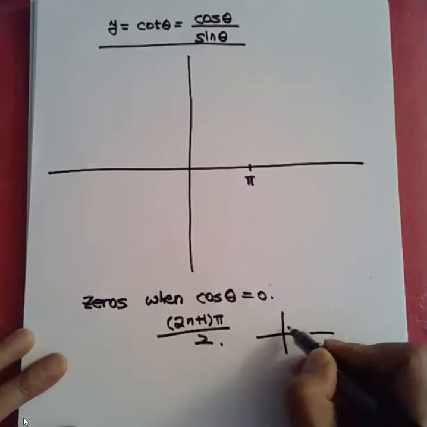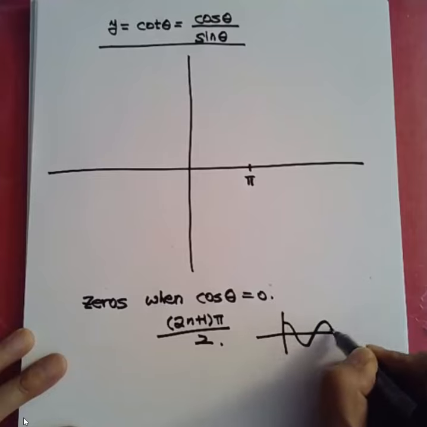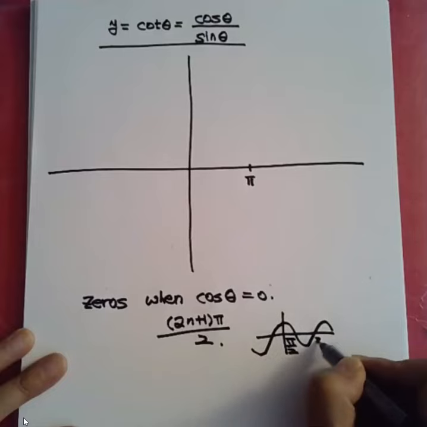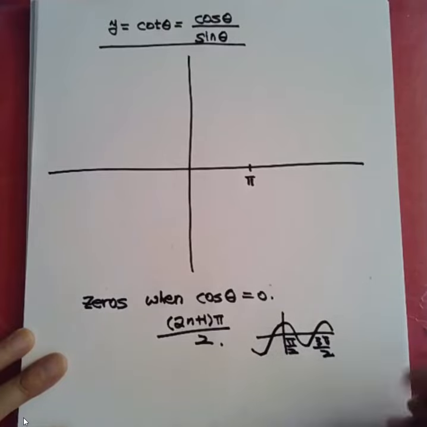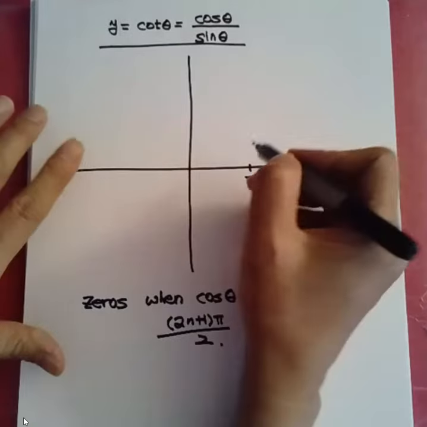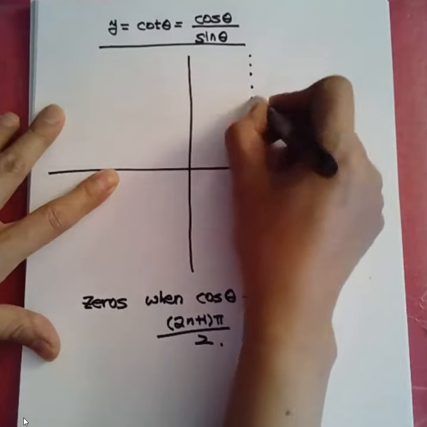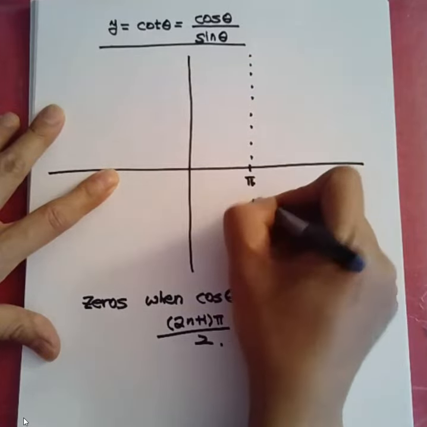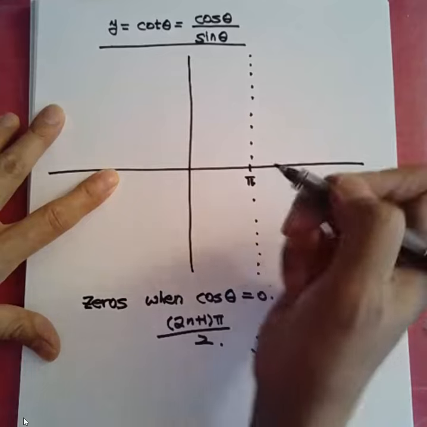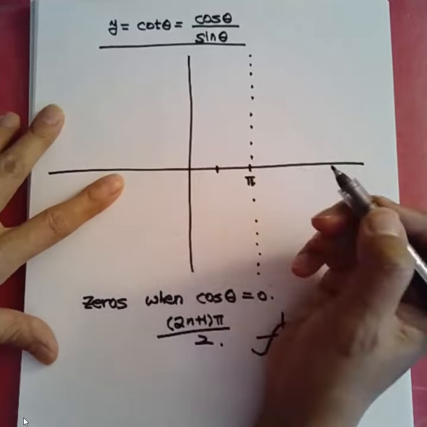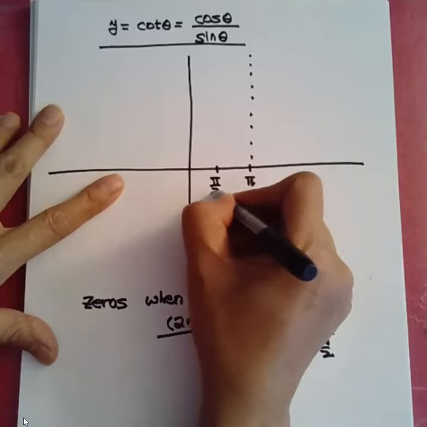If you think about the cotangent function's graph, then again, this is pi over 2, this is 3 pi over 2, odd multiples of pi over 2. So this time, the first vertical asymptote appears at the period, and half of the period becomes 0.